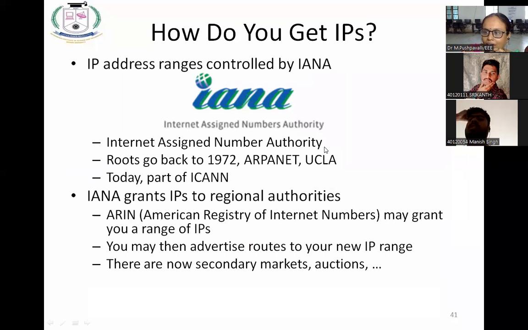We all know that we have the OSI model and TCP/IP model, and whatever the model, we are following all the regulations. The same thing, the Internet Assigned Number Authority decides how the routers have to identify the numbers, what are the primary addresses, what are the secondary addresses. Everything is controlled by IANA.